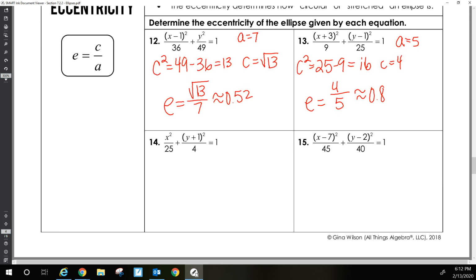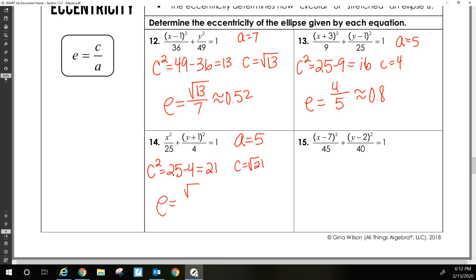All right, number 14. Square root of the bigger one, A is square root of 25, which is 5. C squared is going to be bigger denominator minus smaller denominator, which is 21. C is the square root of 21 then, which is approximately, well, we'll just leave it as square root of 21.